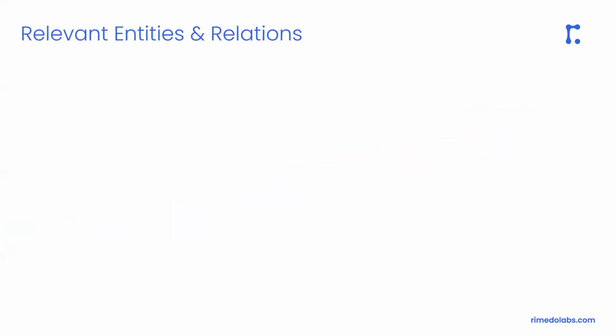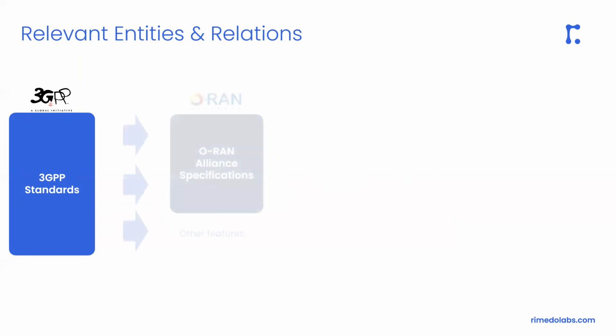Now, speaking about all those entities, let's map them together. All in all, regarding the relevance of the different organizations within the ORAN field, we have 3GPP, which still defines the functionality of a base station.